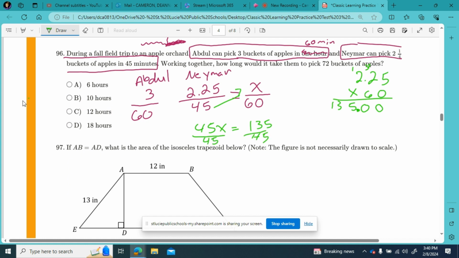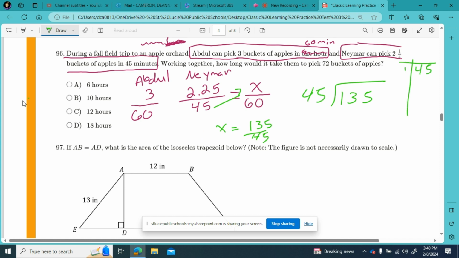Oops. And that's my cue to hurry it up. That'll make my 45s cancel out on this side, and 135 divided by 45. 45 times 1 is 45, times 2 is 90. 90, not 99, my bad, 90.